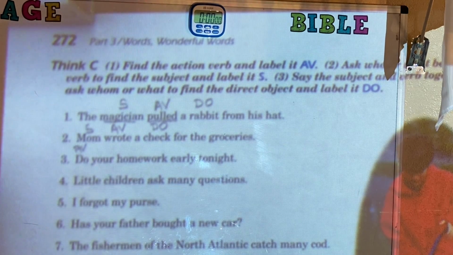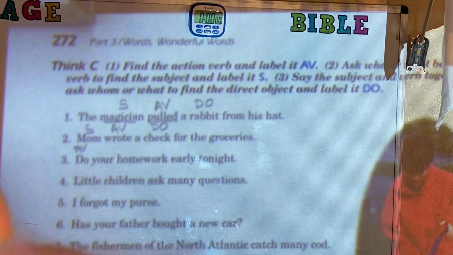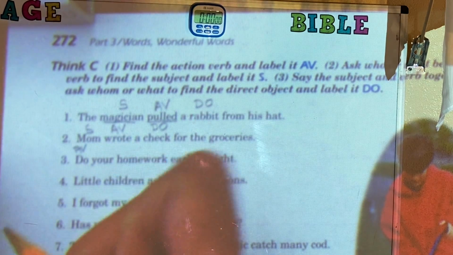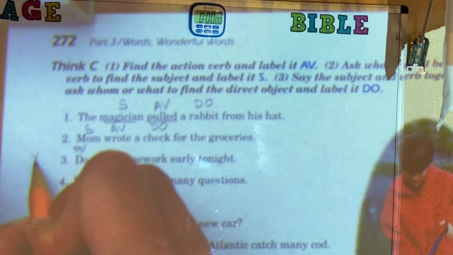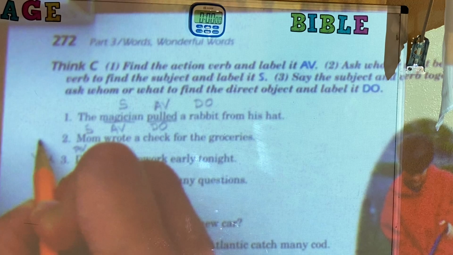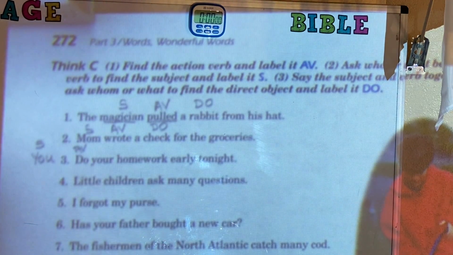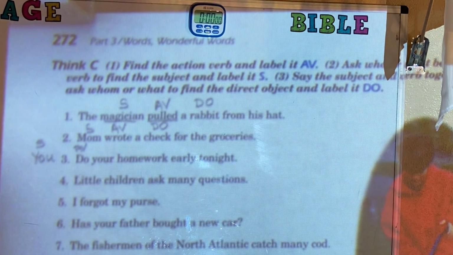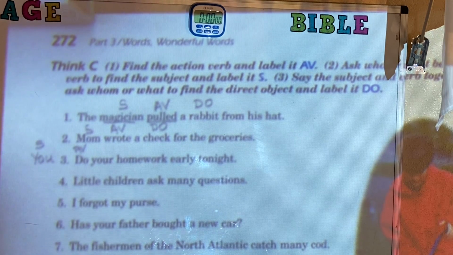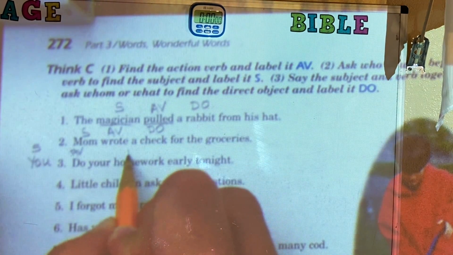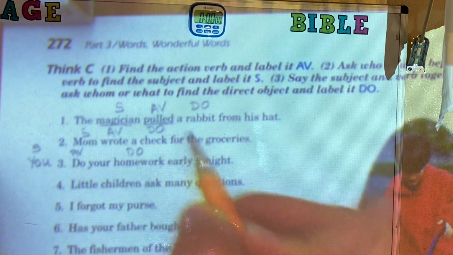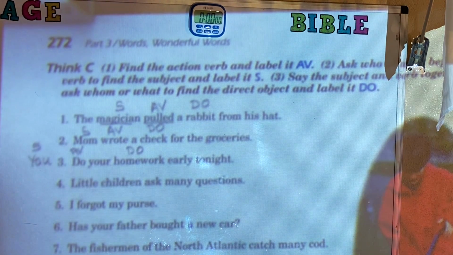It's not in the sentence, but if I say do your homework, I'm talking about you, right? So you would be the subject. And you are going to do what? That would be homework. That's your direct object. So I mark DO on homework.